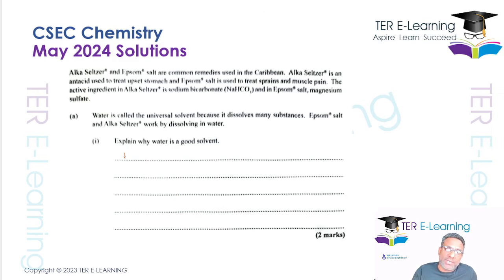So the formula for water is H2O. The water molecule is polar. And the reason why it's polar is because, now it's 2 marks here and they give us plenty of lines, so you might as well write what you know.